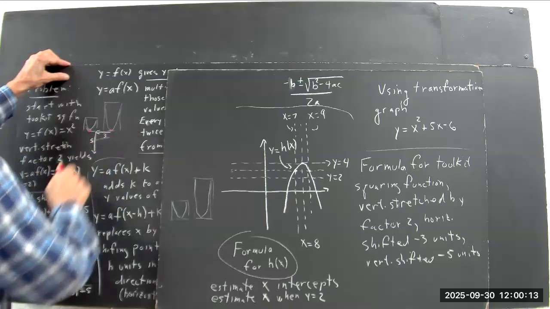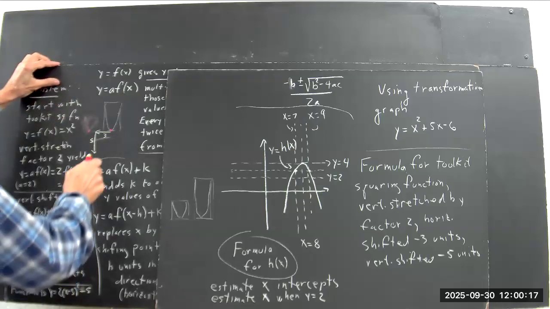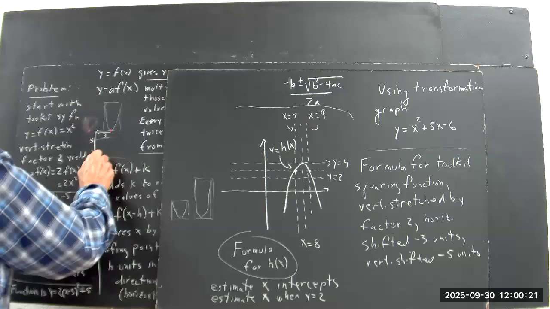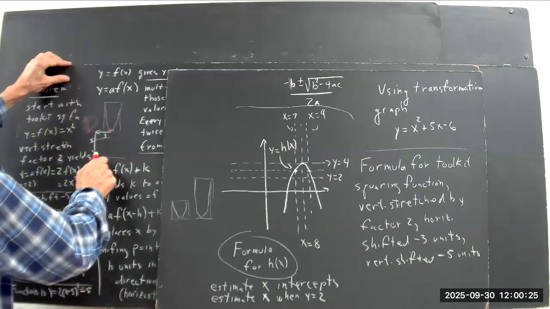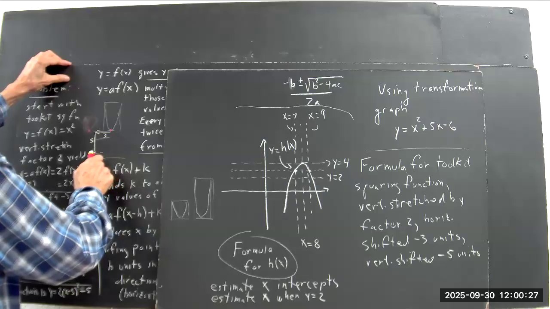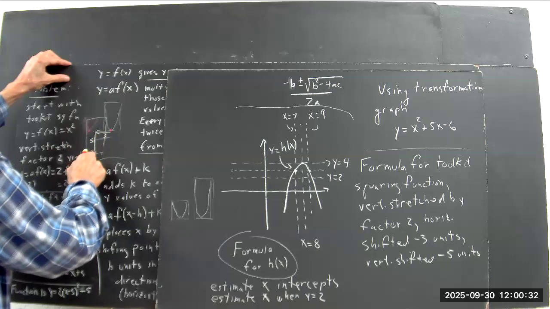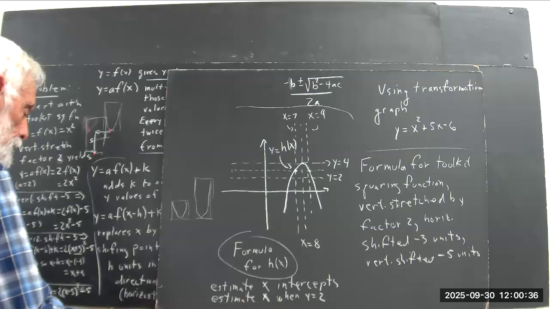Now we take this picture here, and I'm going to erase this one. I'll kind of leave it smudged in there so you know it was there. The vertex has moved here, and the rest of that graph window has moved along with it. So our final graph, and it's not drawn very well now, but it kind of looks like this.